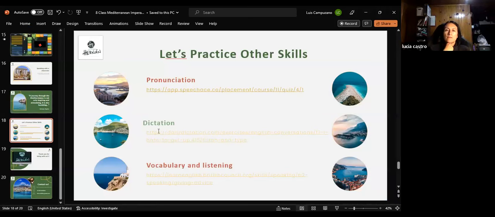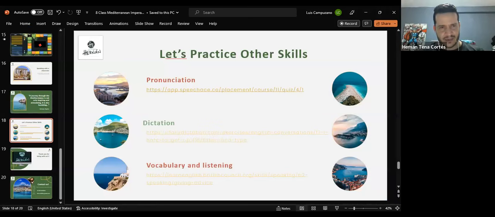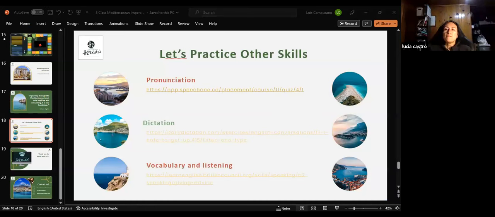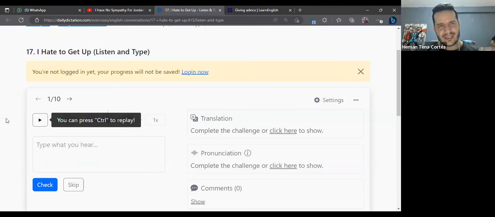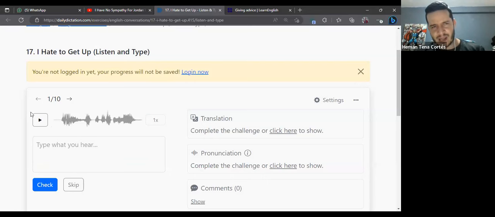All right, let's do one dictation activity, Lucy, and then we'll come back to some questions and we'll practice our questions. For today's dictation activity, we have this activity here, which has 10 sentences. I'm going to help you with number one.